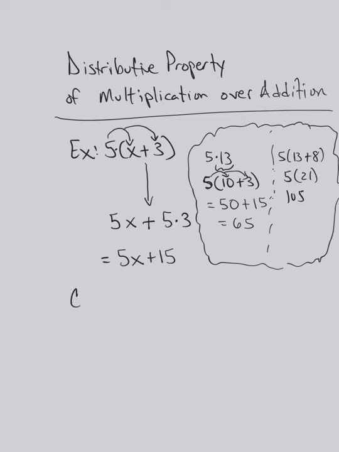Now let's look at this general property here, and let's just state it in general. What the distributive property deals with is that you have a number multiplied by a sum. That's the reason it's called the distributive property of multiplication over addition.